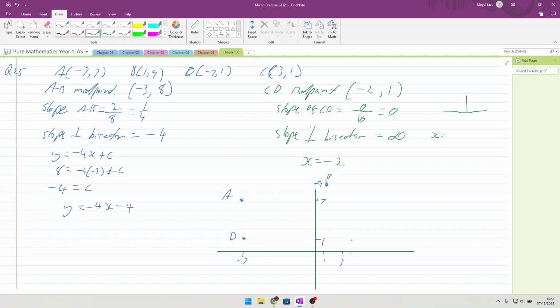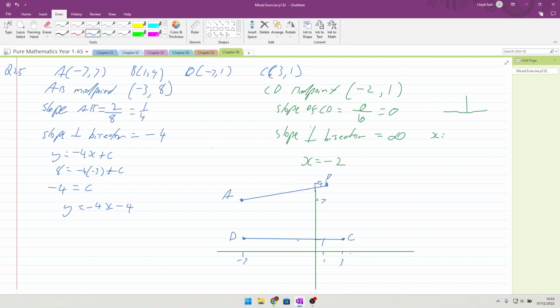Maybe a bit further. There you go. So you get this. And so we have done a line from AB, and we have done a line from DC.